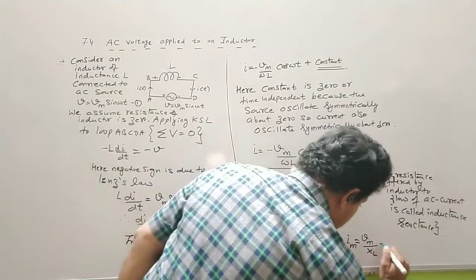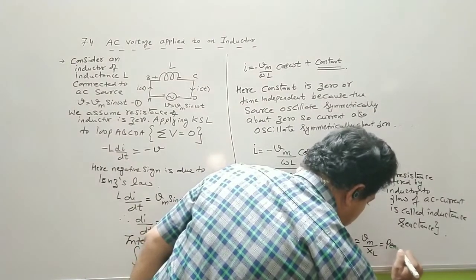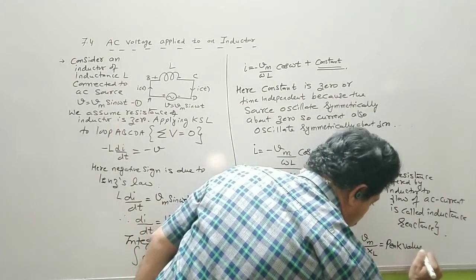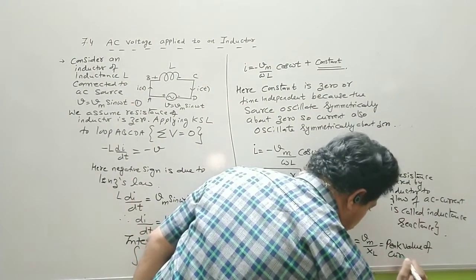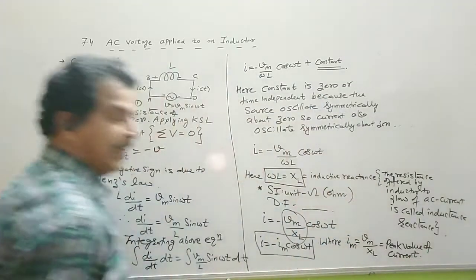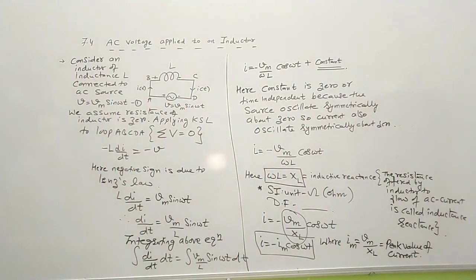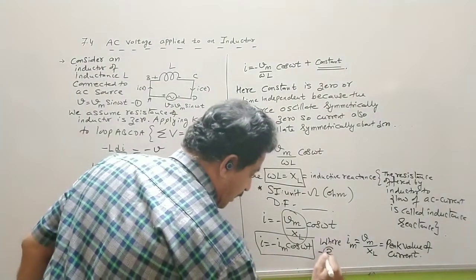So Im is the peak value of current, or you can say the amplitude or the maximum value of the current in the circuit. So this is the equation for the current, say equation number 2.